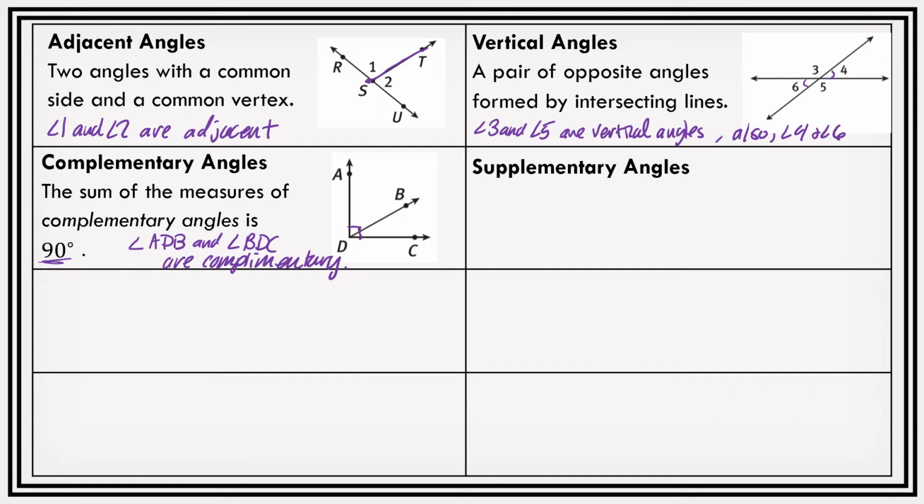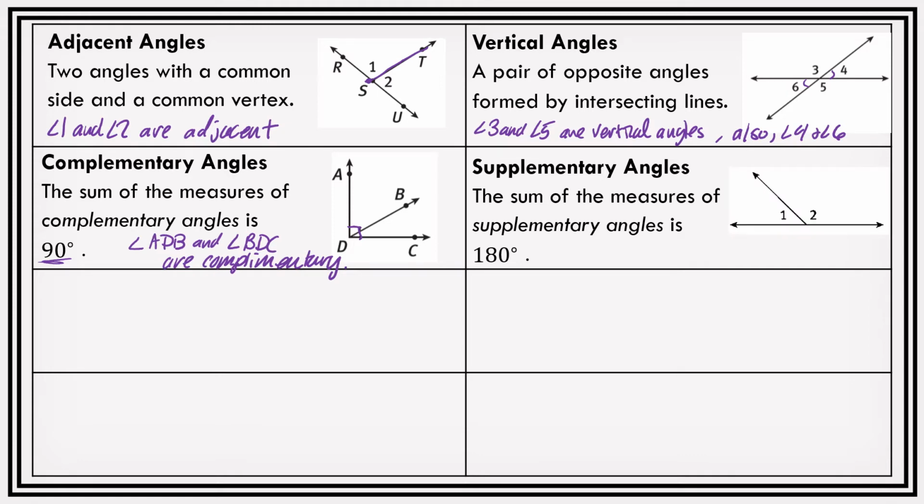Supplementary angles. If we have complementary angles, the measures add up to 90 degrees. Supplementary angles, the measures add up to 180 degrees. So we look right here, angle 1 and angle 2 are supplementary. Another way of writing this is the measure of angle 1 plus the measure of angle 2 equals 180 degrees.